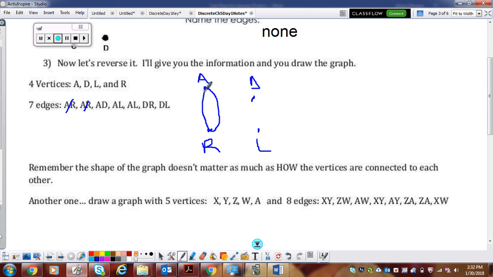Now I'm going to connect between AD, then I'm going to connect A to L, and actually A to L has a multiple edge, then DR, then DL. Okay? Now it's very important to remember that the shape does not matter. What matters is how the vertices are connected to each other. Okay?